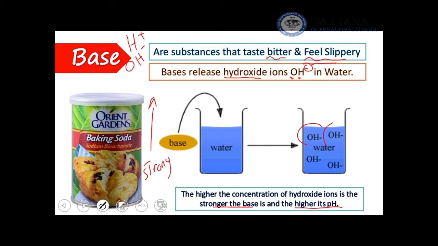If a base becomes stronger, then the pH will also increase. So a base that has a pH of 9 is stronger than a base that has a pH equal to 8.